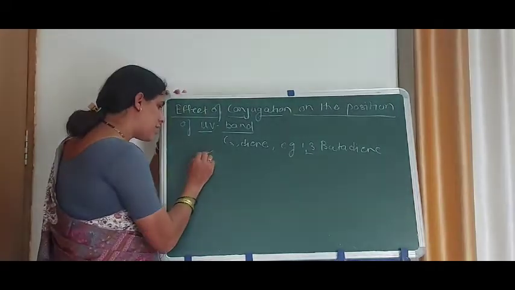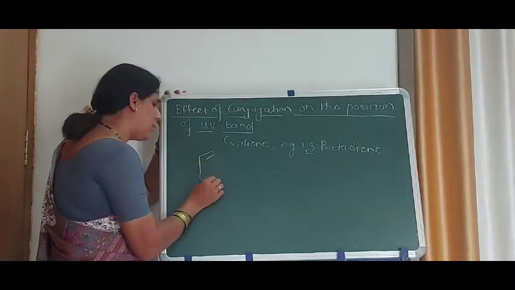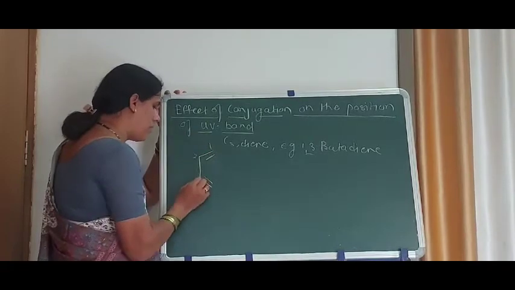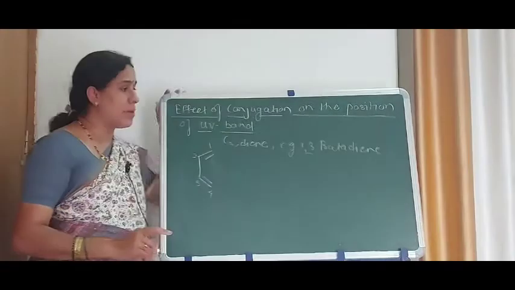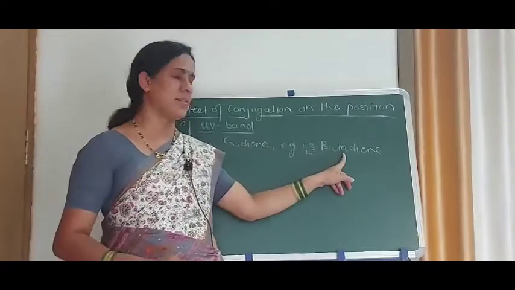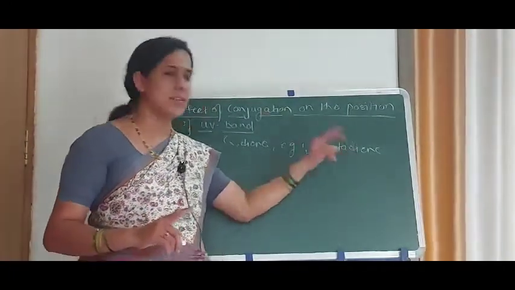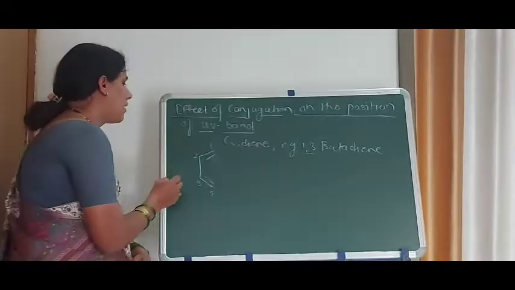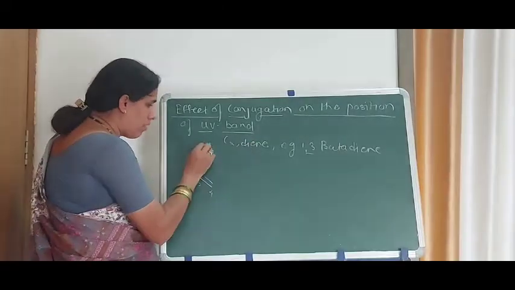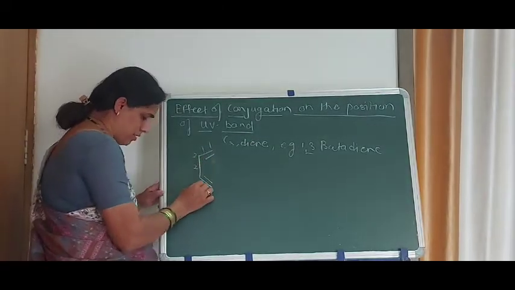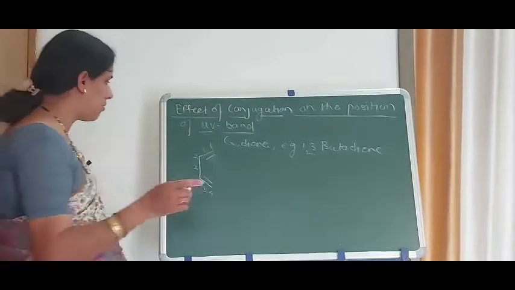What is the structure? See here, 1,3-butadiene. Butane means 4 carbons, di means 2 double bonds, at positions 1 and 3.